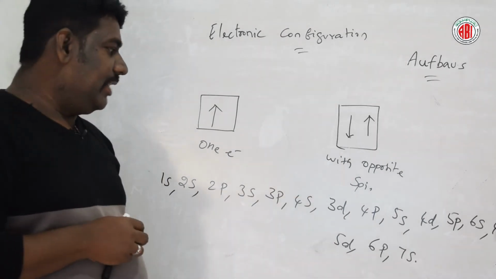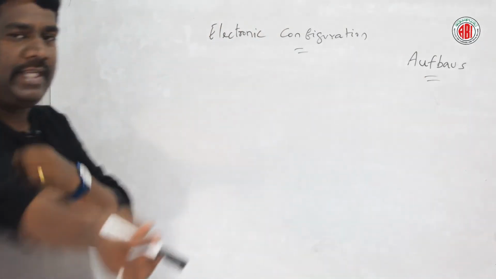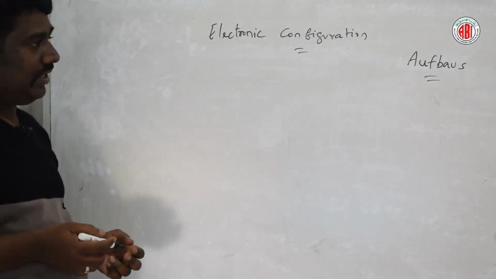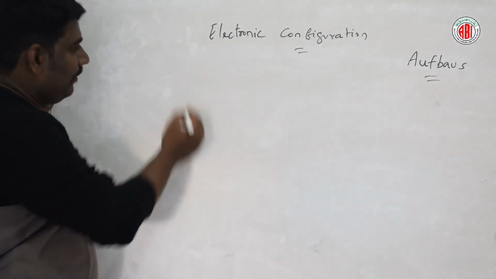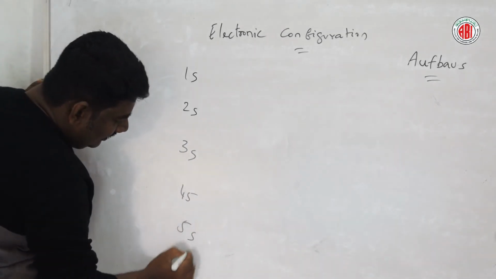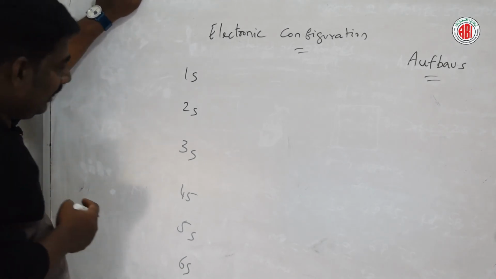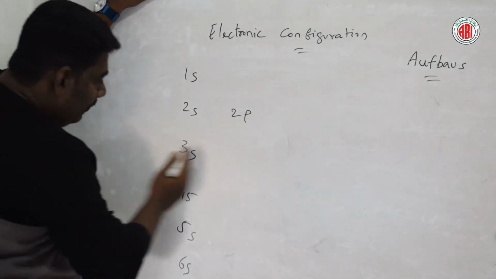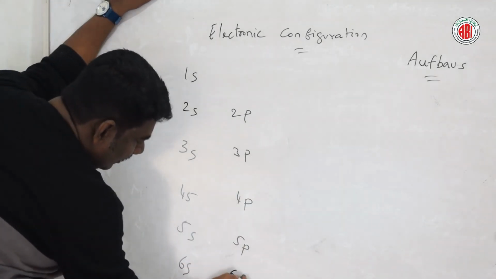This could be expressed in a simple diagrammatic manner. We could write the filling up of the electrons in the different orbitals based on the Aufbau principle. First let us write all the s orbitals: 1s, 2s, 3s, 4s, 5s, 6s and 7s. Similarly for the p orbitals, 2p, which starts from the second level: 2p, 3p, 4p, 5p, 6p and 7p.